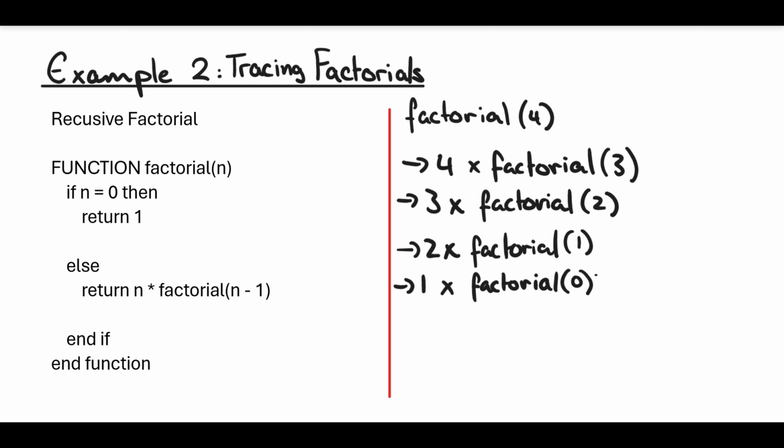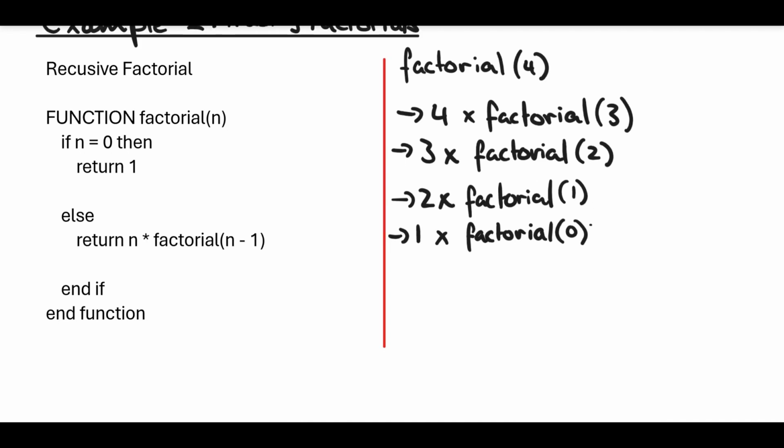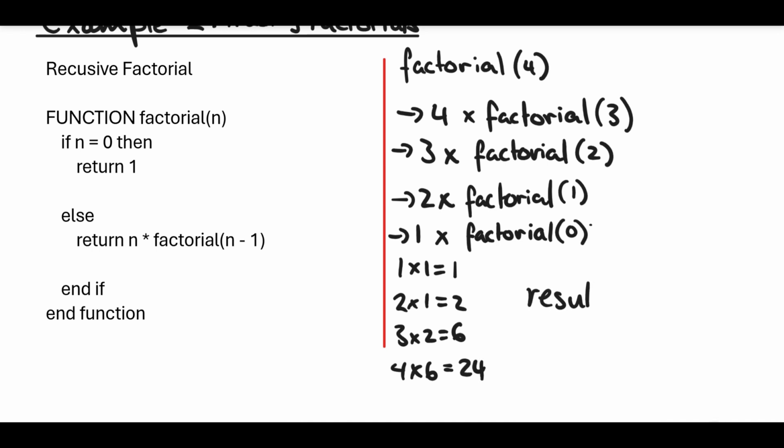And factorial 0 returns 1. So then we can go back up the stack, and this would become 1 times 1 equals 1, 2 times 1 equals 2, 3 times 2 equals 6, and 4 times 6 equals 24. Therefore, our result is 24. So the final result is 24.